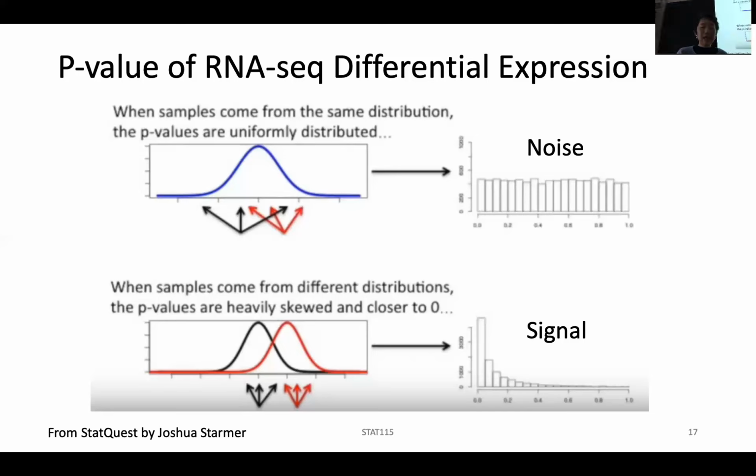The genes that are changing are only a subset. And so most of the genes will give you this type of noise, a uniform distribution, but only a tiny portion of those genes will give you a true signal that's skewed towards the left. But when you mix them together, this is what you get.